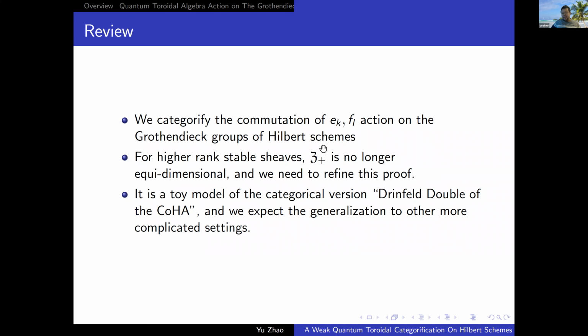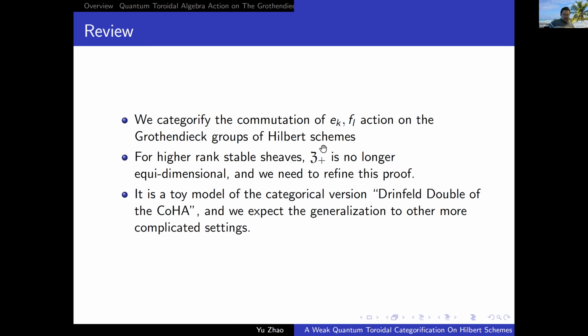we regard the EK and FL as push forward of line bundles on Z plus, but it has a requirement. It relies on a technical condition that Z plus is of cohomology expected dimension. For the case of high rank, it is not true, because in this case W0 and W1 are not equidimensional, and we know that cohomology schemes are always equidimensional.